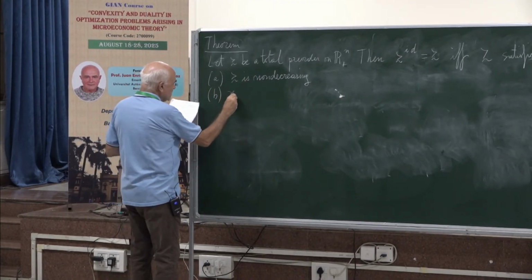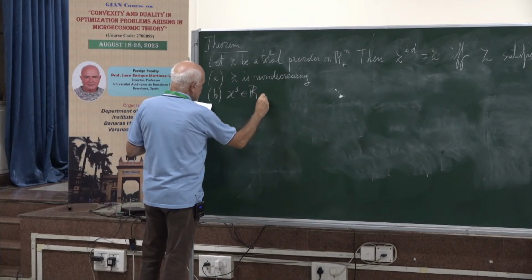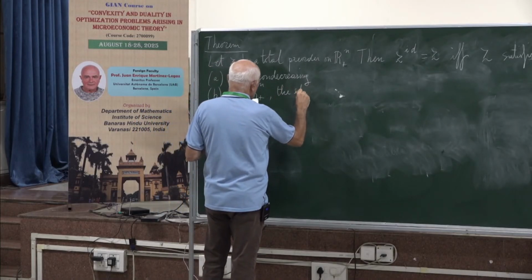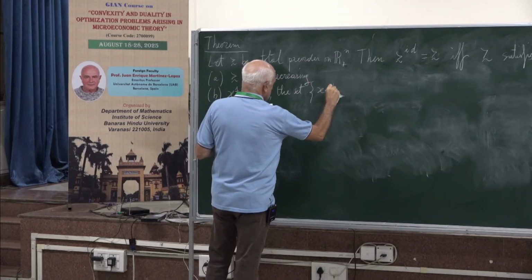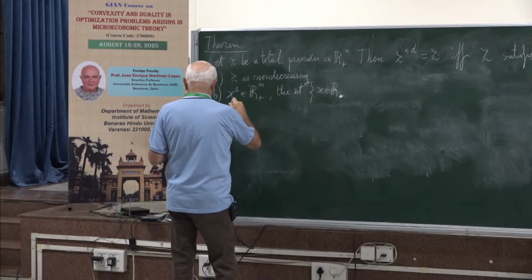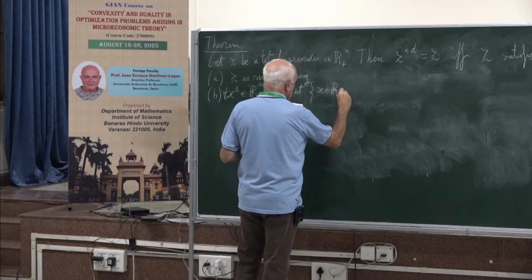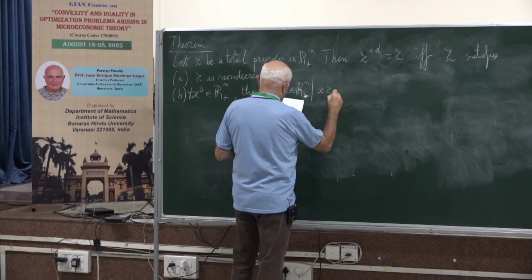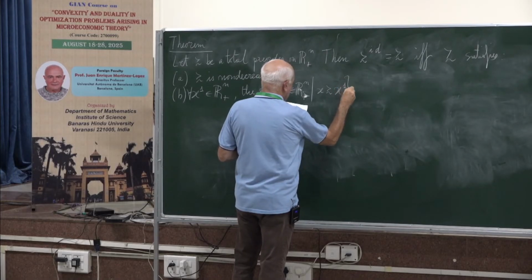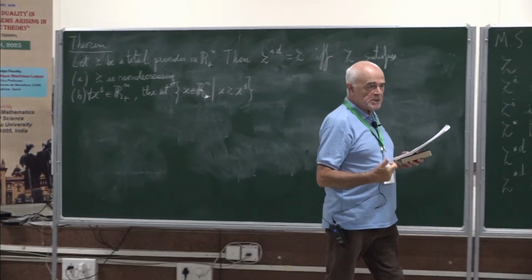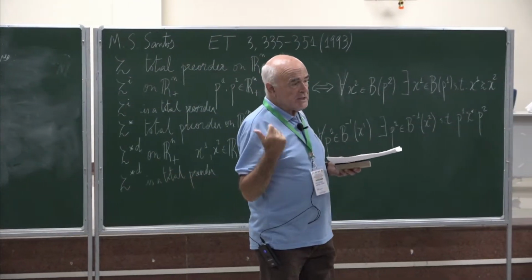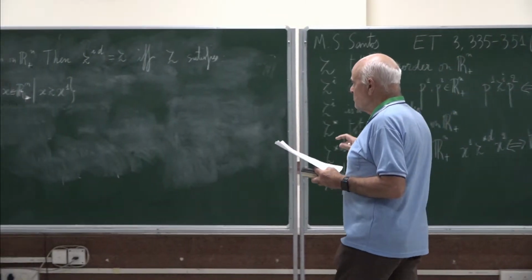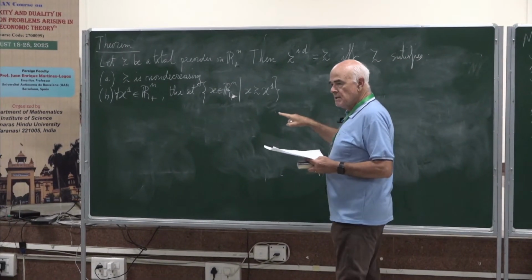For every x1 in R plus n, the set of bundles that are at least as good as x1, what is called in economics the upper contour set, which, if there is a utility function, is the upper level set, corresponding to the level u of x1, if u is a utility function.